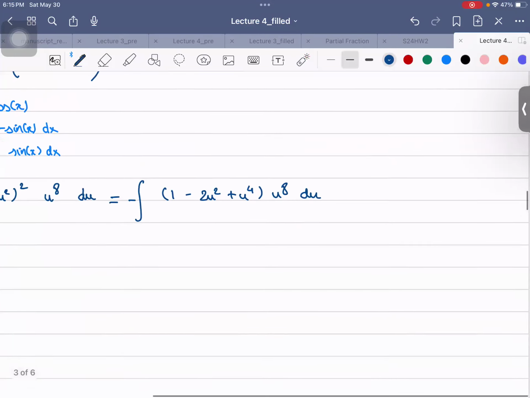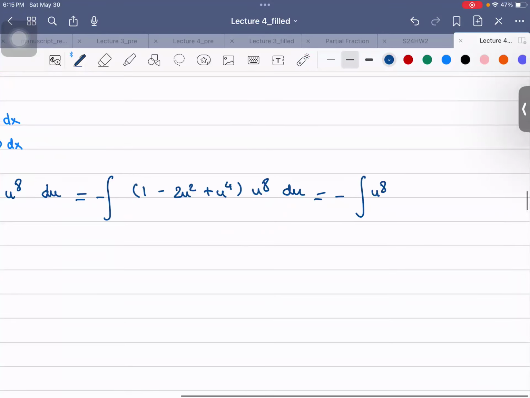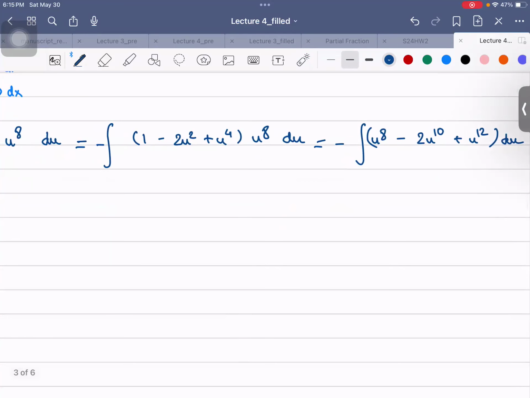Now we have the negative sign in front. We distribute u to the power of a into this parenthesis: u to the power of a minus 2u to the power of 10 plus u to the power of 12 du. Then we just use the power rule to finish our integration.